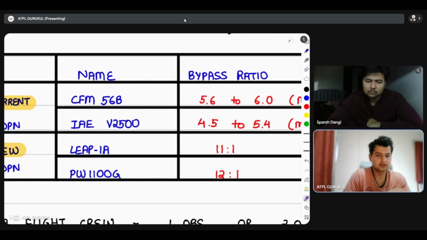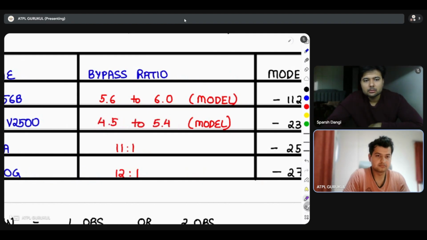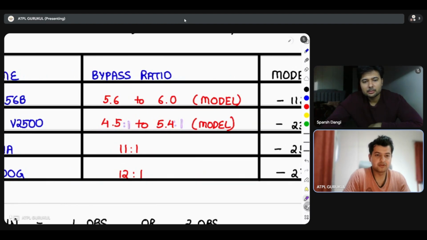Again, this is not a part of our syllabus, even when you study for airlines and your exam. The bypass ratio of both of these actually depends on the submodels, but if I want to give you an approximate figure, it would lie between 4.5 to 1 and 5.4 to 1.